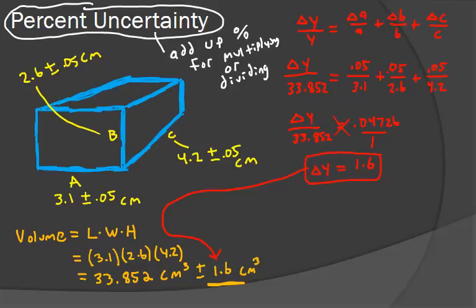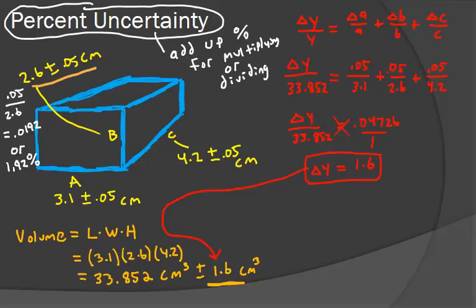Now, the next part of this that we want to talk about is the percent uncertainty. So what we do for percent uncertainty is, and you can write this out, this is a key principle here, if you're multiplying or dividing stuff, you need to add up the percent uncertainties for each component that you're multiplying or dividing. So here, we get the percent for this measurement up here.